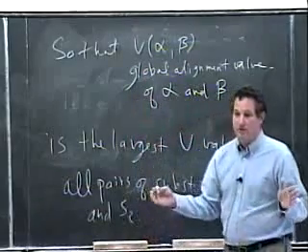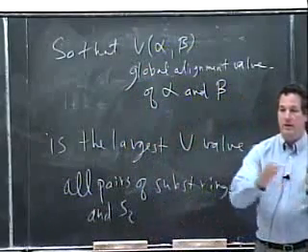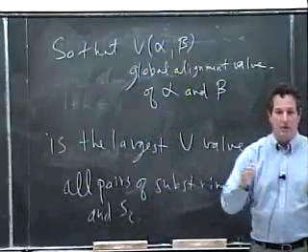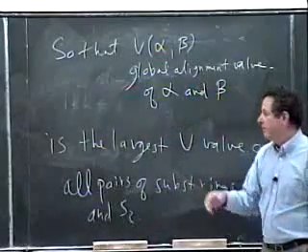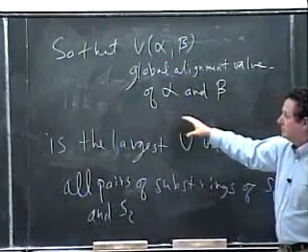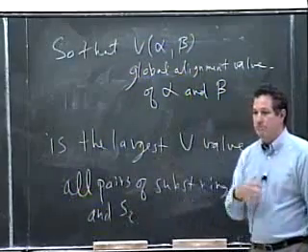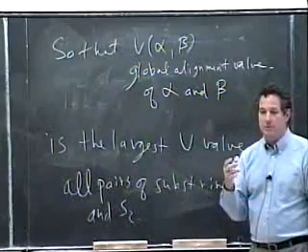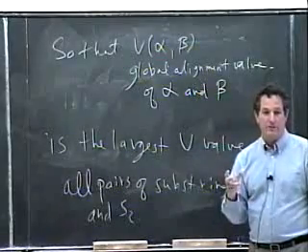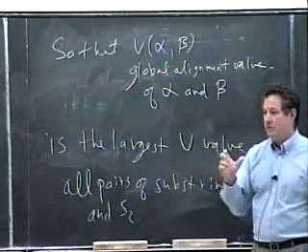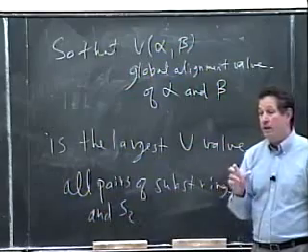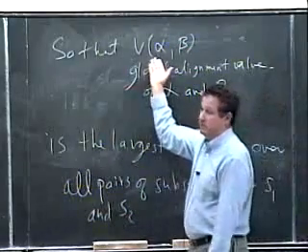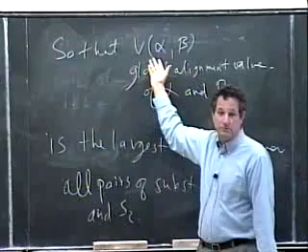So conceptually, if I have all of S1 and all of S2, this definition says, imagine taking every possible pair of substrings, one from S1 and one from S2. And for each one of those, compute the V value of those two substrings.